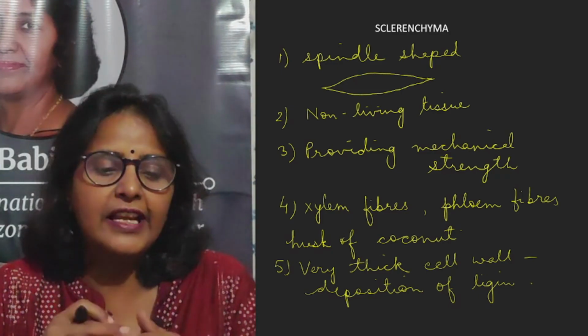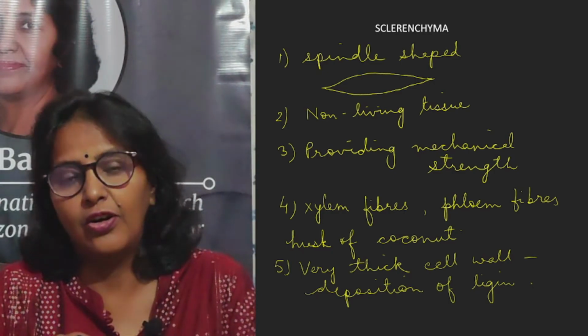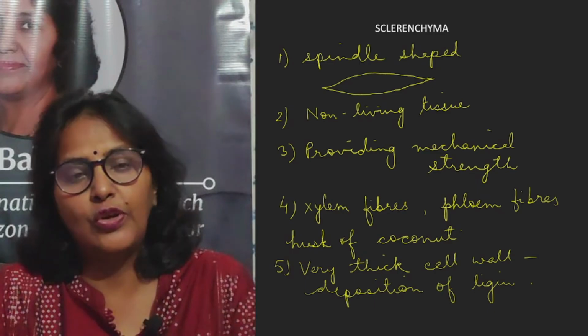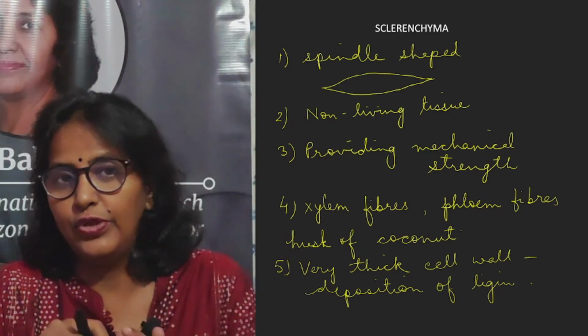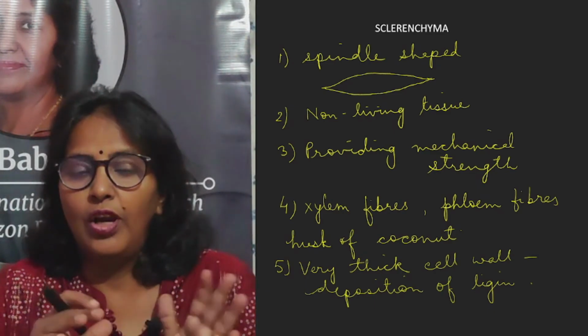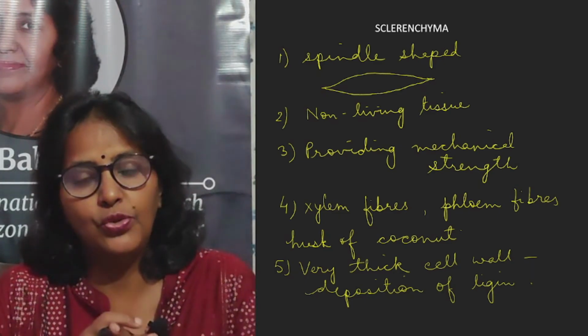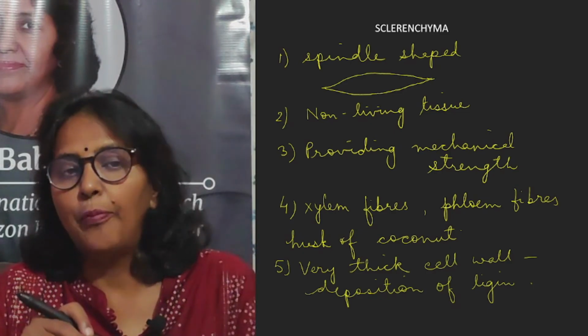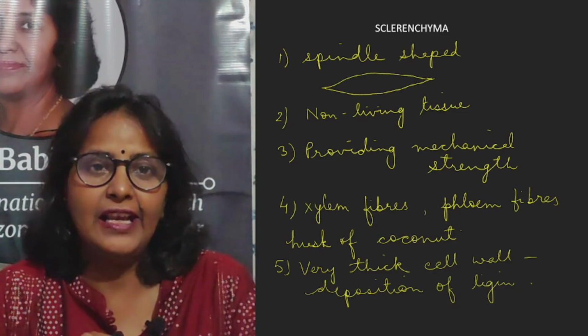And sclerenchyma provides mechanical strength or support to the plant as this tissue is dead. So this is all about the simple permanent tissue. Tomorrow we will see the complex permanent tissue, that is xylem and phloem.